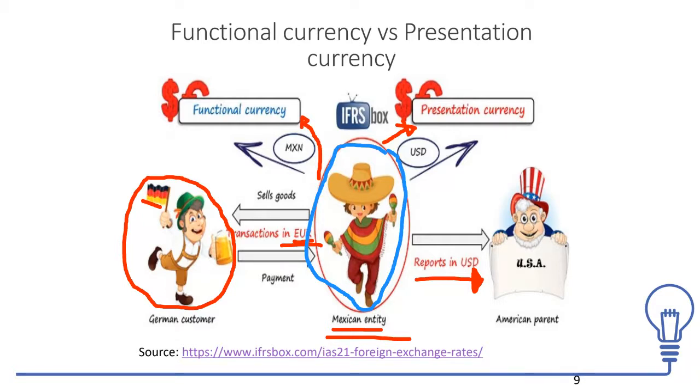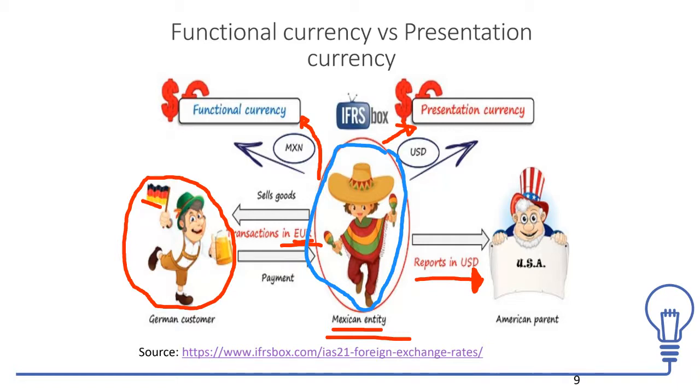So if this entity in Germany bought something or sold something, we would need to exchange our pesos with the euro because that person is from Europe, right? So Germany would use the euro. So we need to exchange our pesos for that European currency, okay? But the same entity in Mexico has a parent company that sits in the US, and the US obviously uses the dollar, the US dollar.